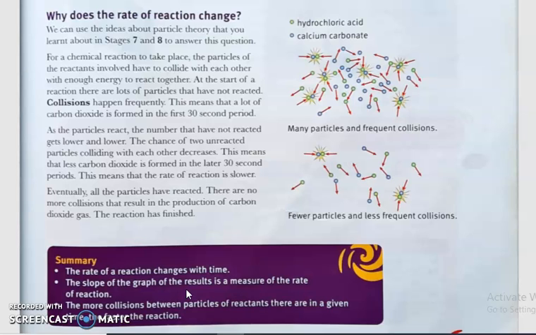If it is less steep, the reaction is slow. At the initial stage the reaction is very fast, and as time proceeds the line becomes less steep, showing the reaction has slowed down. After some time the graph becomes horizontal, so the reaction has completed.